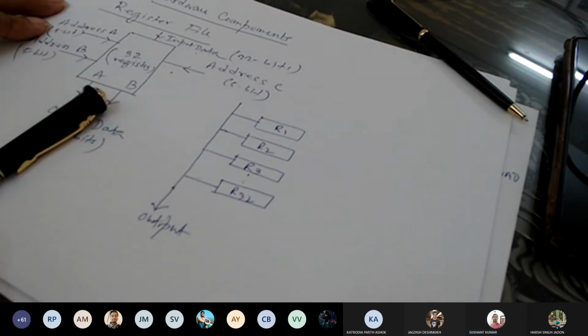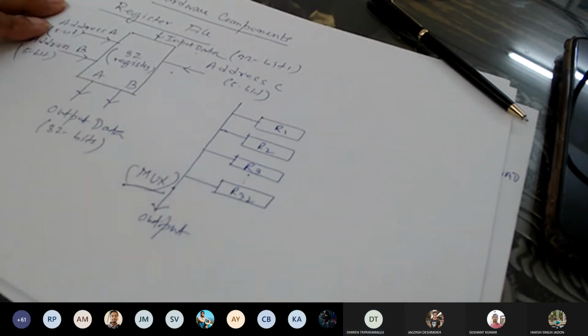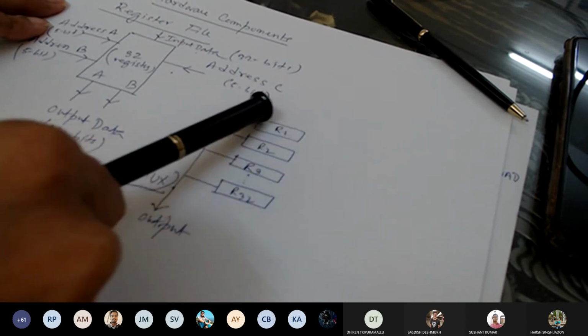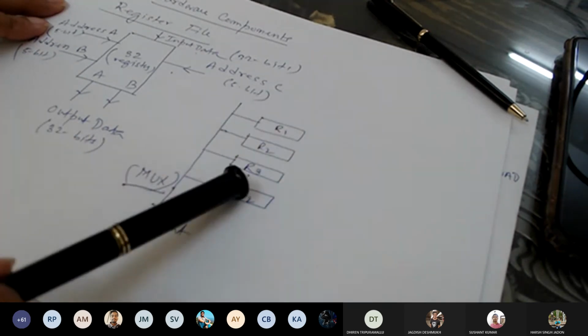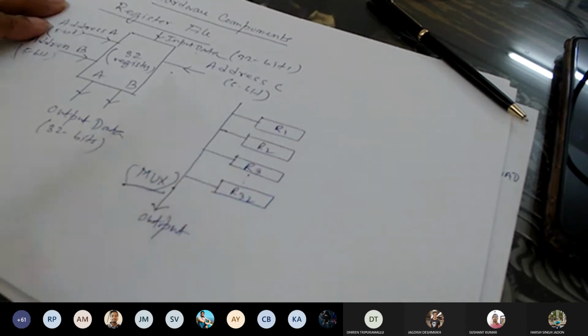But what kind of control circuit is needed? Multiplexer. Yes, you require a multiplexer. So out of these 32 registers, one of them will come.